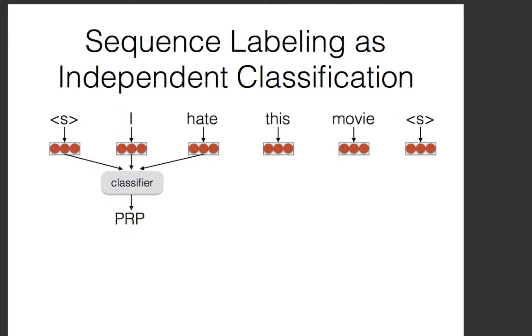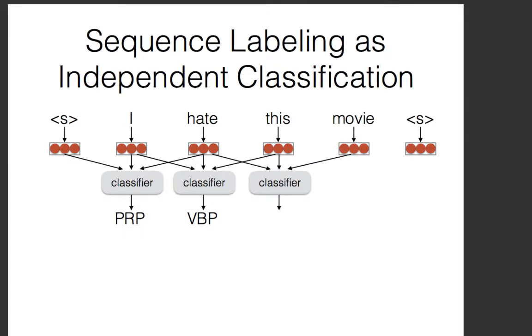And this classifier predicts preposition or something like this. So this is very simple. If you want to call it a convolutional network, you can call it a convolutional network because it basically is. So what we do is we step over, we predict the next one, predict the next one, predict the next one. But basically the idea is we look at the two surrounding words and the current word and we predict the part of speech tag. So this is super simple.